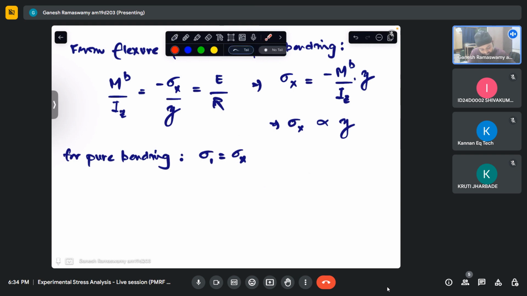This will actually hold in one case where this comes out to be positive. That is, when the bending moment is applied, whenever the axial stress sigma x is positive, it will be sigma 1. Whenever it is negative, it will become sigma 2 because of the algebraic order. And the other principal stress is equal to 0.